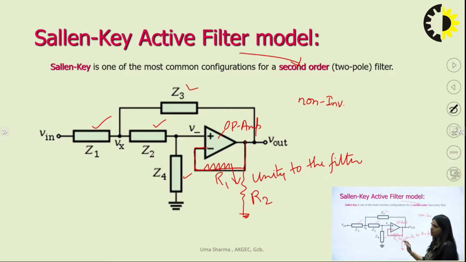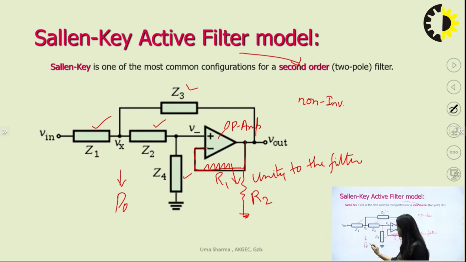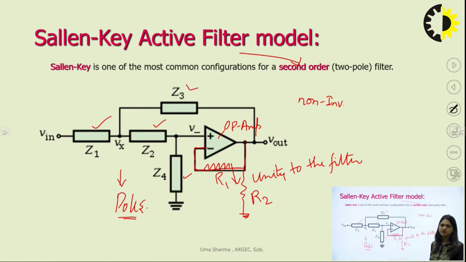In this model, these are the components which are responsible for adding the number of poles in the filter response. Here we will connect 2 resistors and 2 capacitors, and just by changing the positions of Z1, Z2, Z3, Z4, we can implement low pass as well as high pass response using this simple circuit.